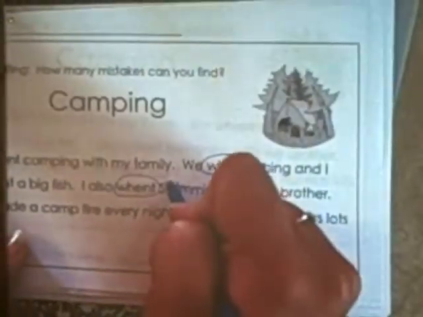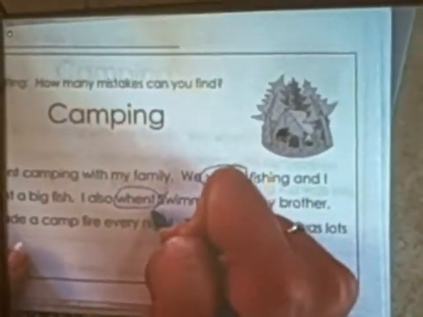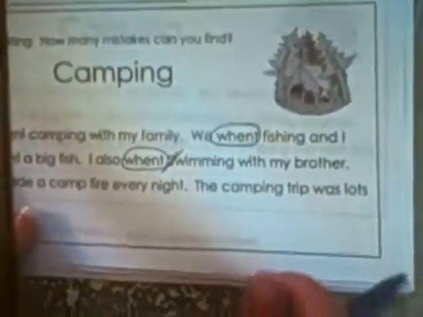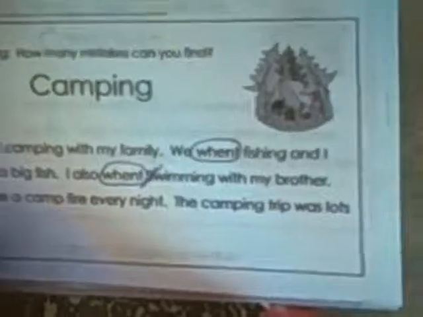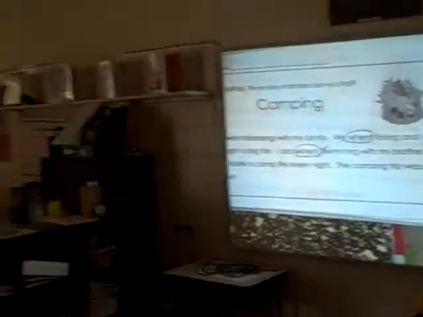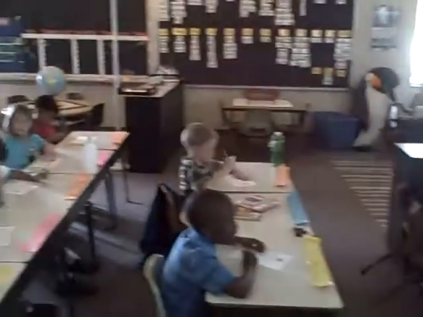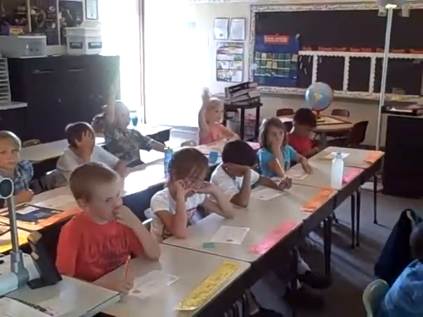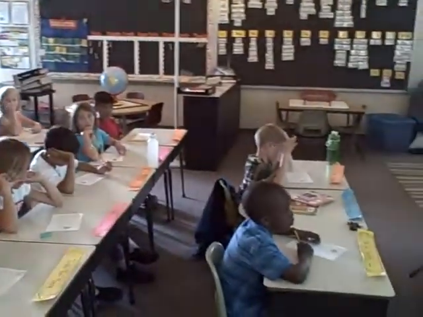Right, we're just going to put a line right through that S. And that's going to tell my friend that they need to go back and make that S little. Is there anything else that we see in that sentence? I think that sentence looks pretty good.